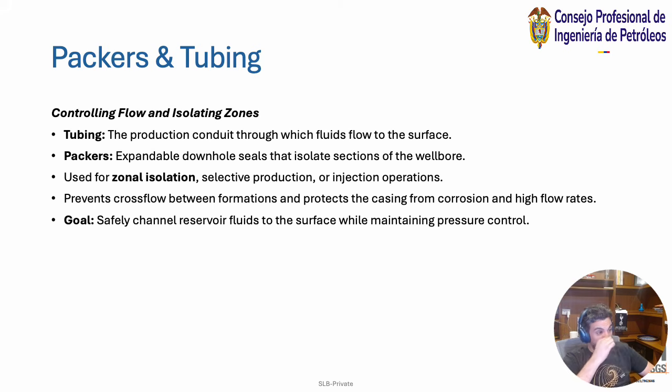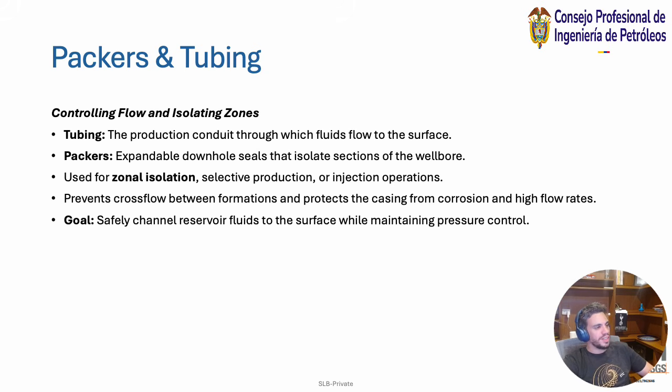And you do this in sections, and you can do this for different reasons. But it's basically zonal isolation, which is going towards, again, optimizing production. So you can do selective production, or if you're going to do some sort of injection, you want to be able to control this, right?